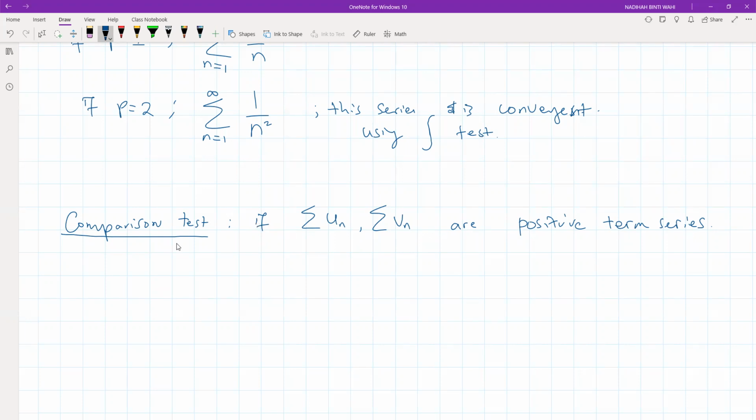Okay, what's the comparison test? Okay, let's see. If number 1, if the series of Vn converges, and we have Un, the nth term of Vn is less than that for all n.